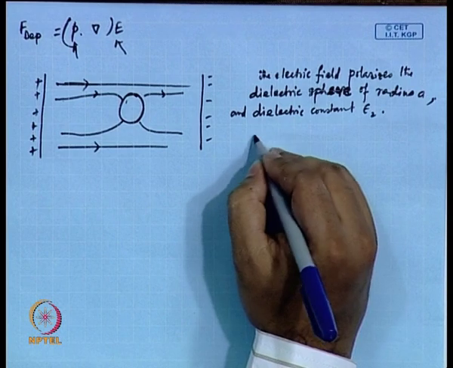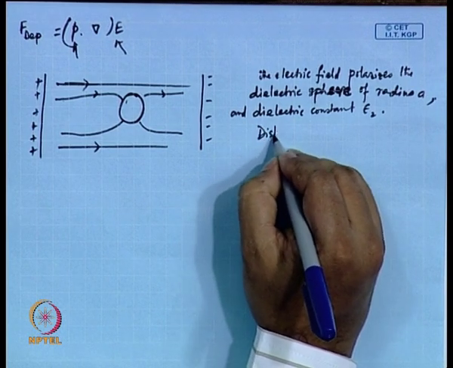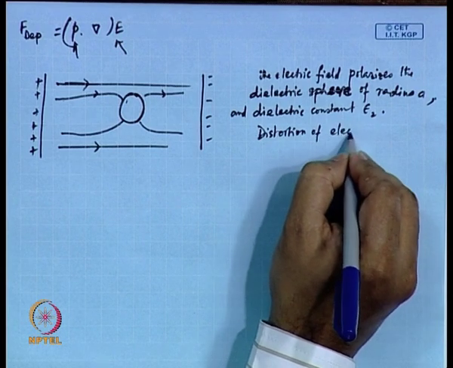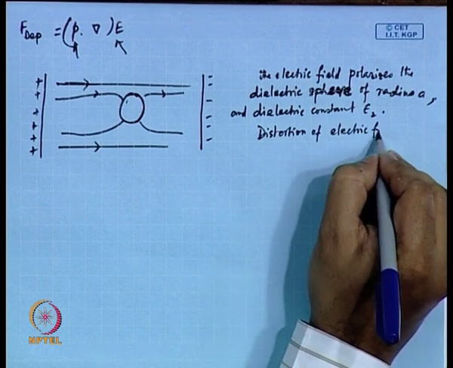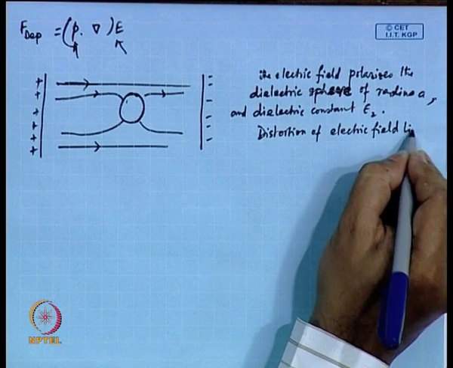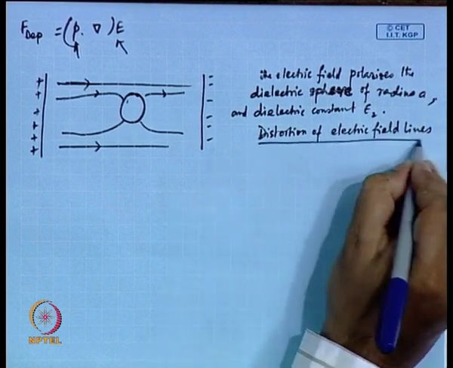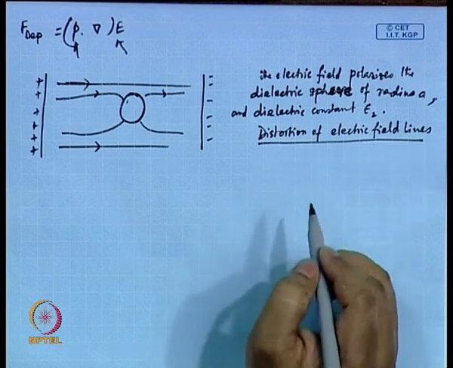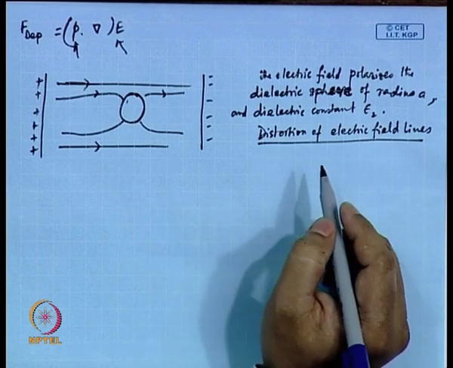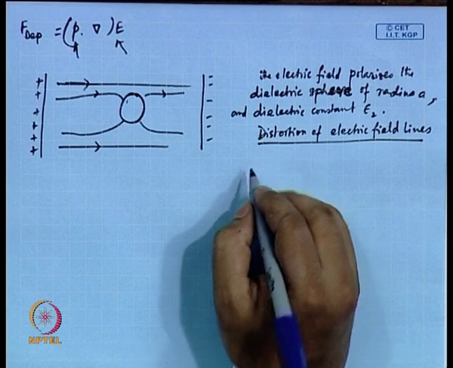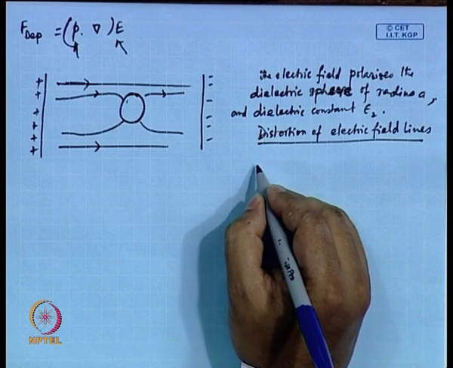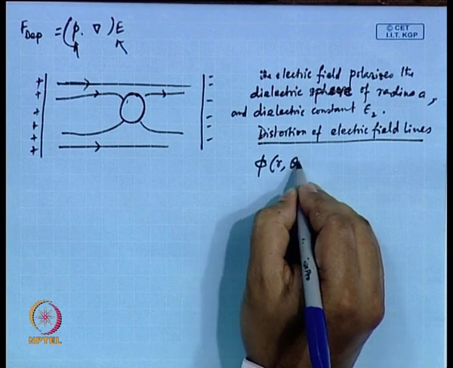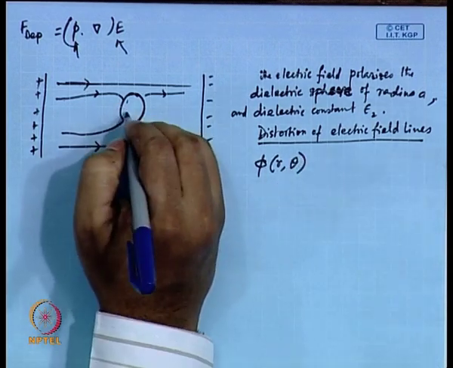Now, there will be distortion of electric field lines, and if somebody wants to theorize or simulate this distortion of electric field lines, what he has to note here is phi, the potential, in r theta coordinates.